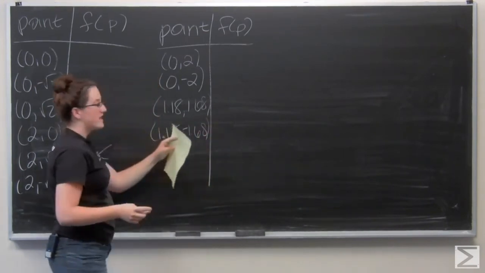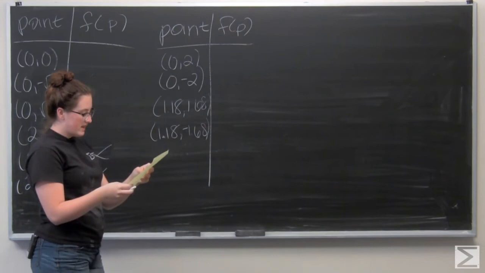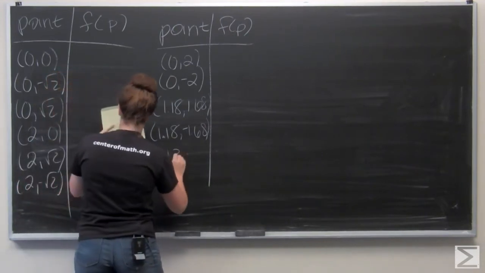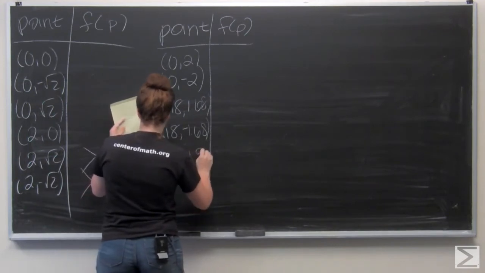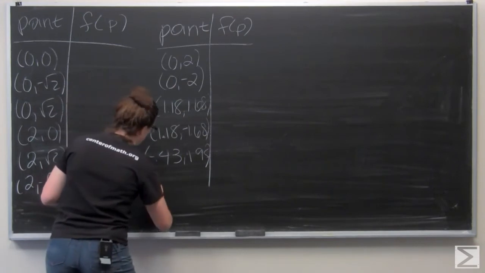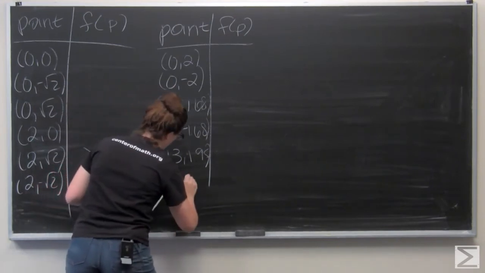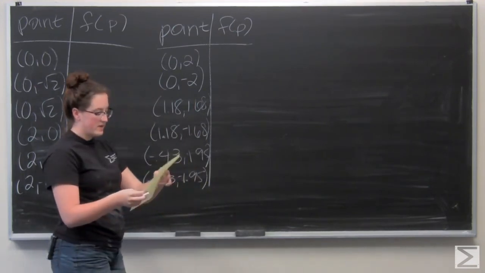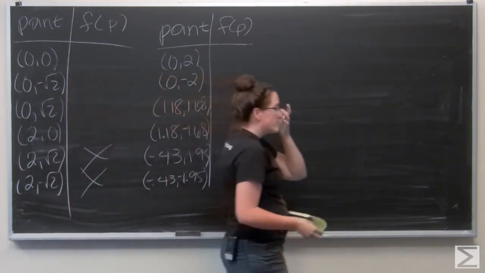And 1.18, negative 1.68. Then I've got negative 0.43, 1.95, and then negative 0.43, negative 1.95. So I'm almost all set.